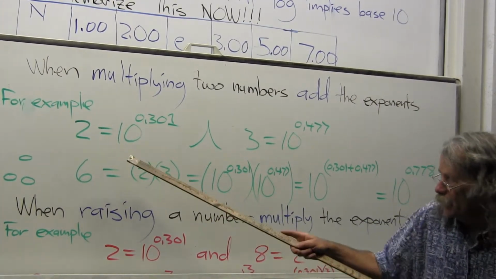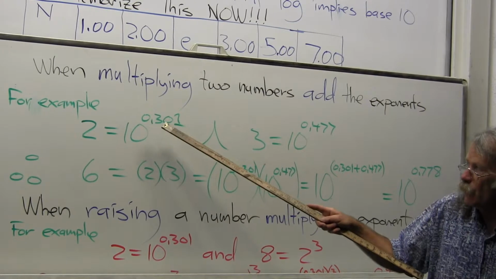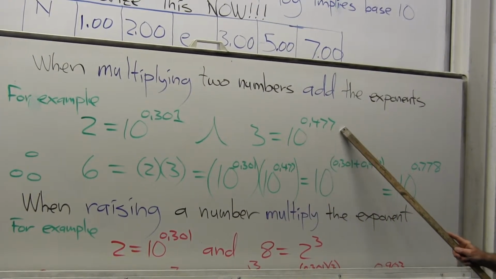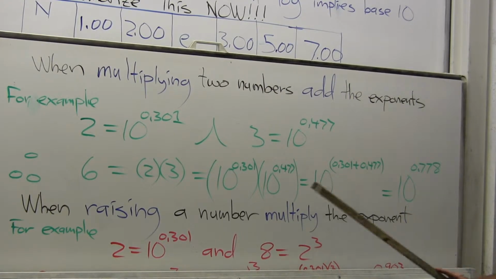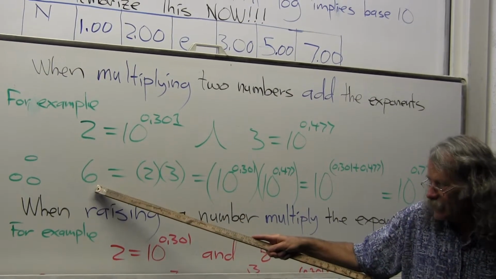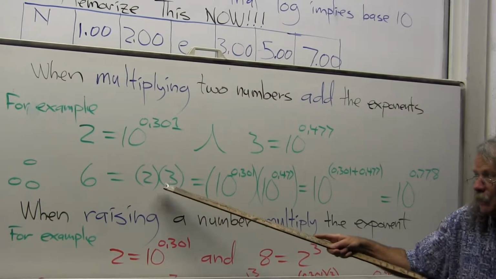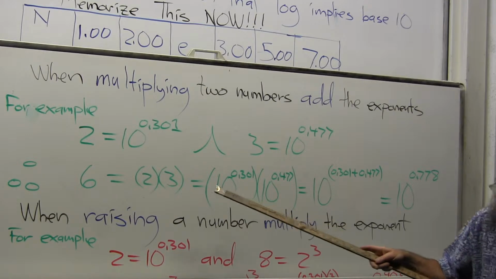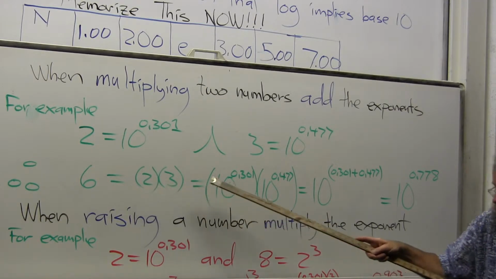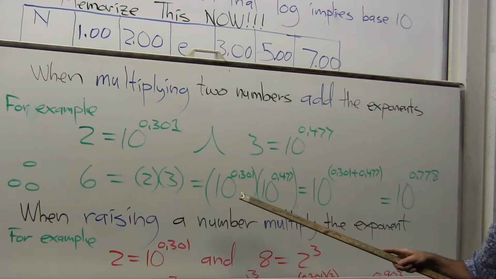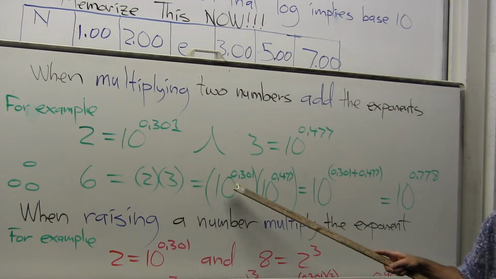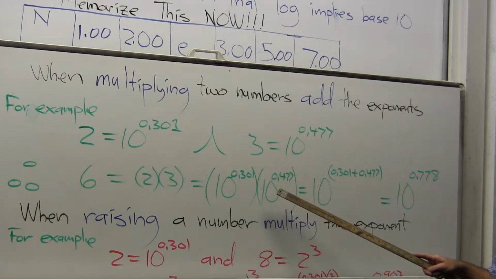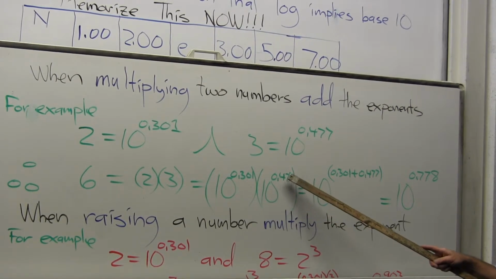For example, if 2 is equal to 10 to the 0.301, and 3 is equal to 10 to the 0.477, well, therefore, 6, which is equal to 2 times 3, so this is an easy factor, we can express this in terms of its factor. 2 is 10 to the 0.301, multiplied times 3, which is 10 to the 0.477.